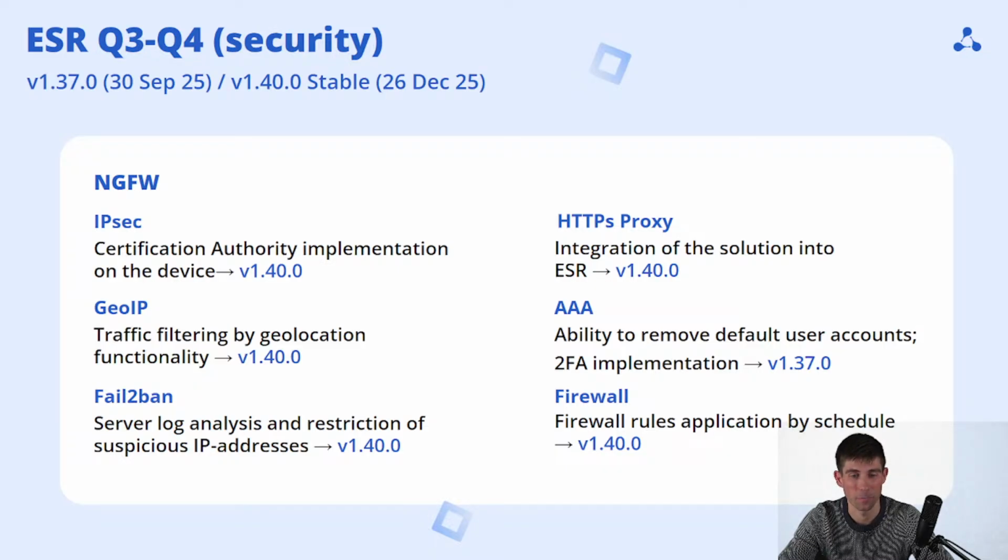There are minor things like when it comes to authorization, authentication, and authority, AAA, we implemented the ability to remove default user accounts, something one of our customers requested in order to improve the security of our devices.